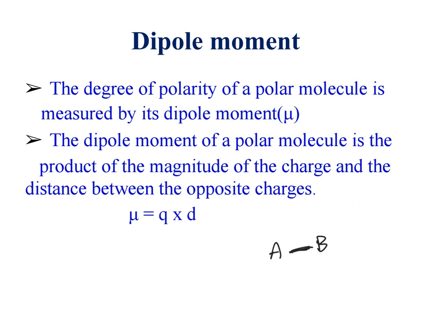Let us assume B is more electronegative than A. What happens? The bonded pair of electrons polarizes towards the more electronegative atom. Here we are assuming B is more electronegative.